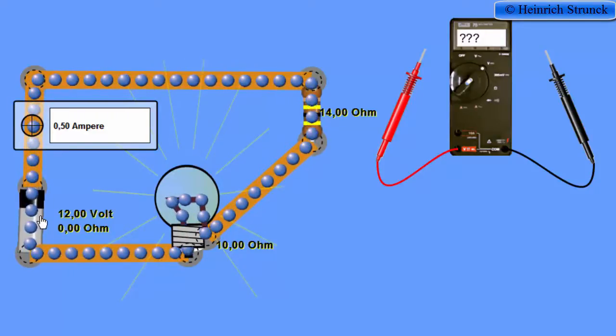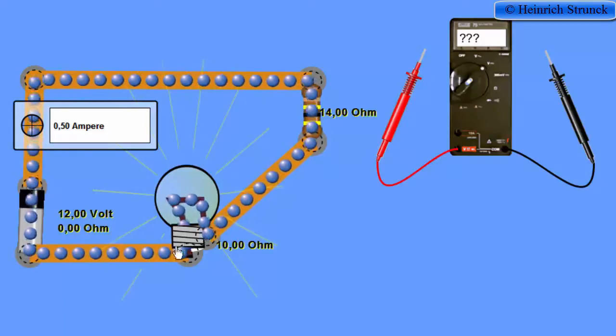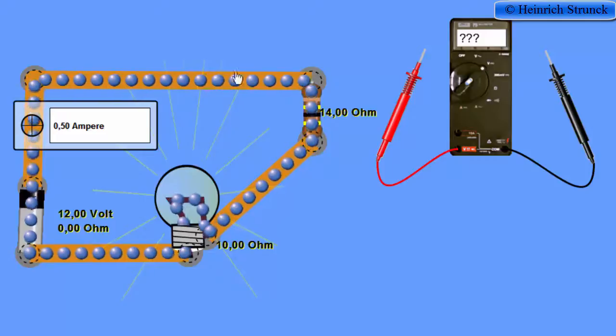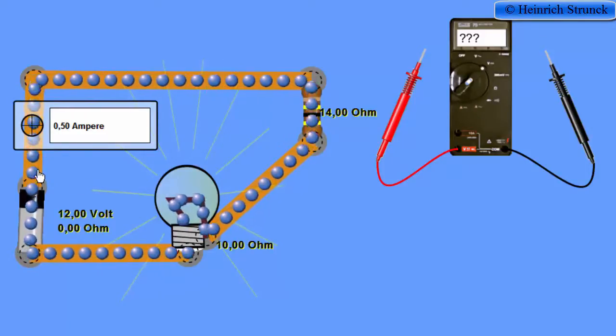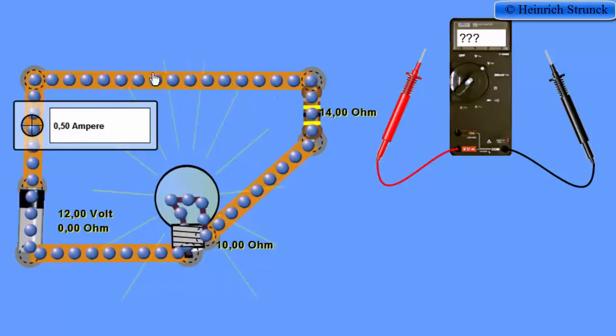We can see that it runs counterclockwise, and we know that the electrons are going from the negative pole of the supply system to the positive pole out in the circuit. And actually the current goes the other way around, so the current will go clockwise in the system and thereby the other way of the electrons.